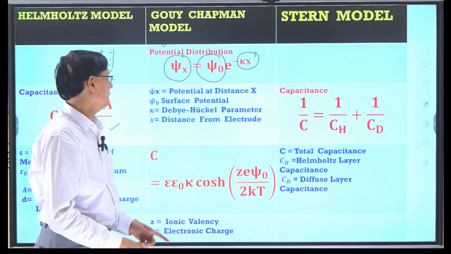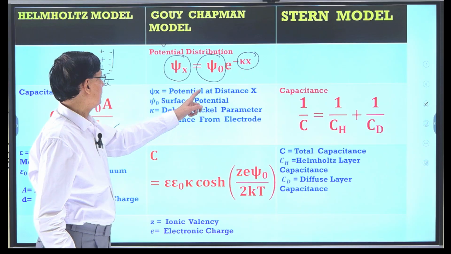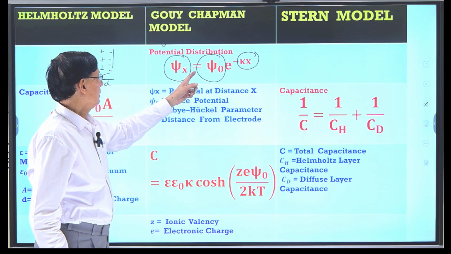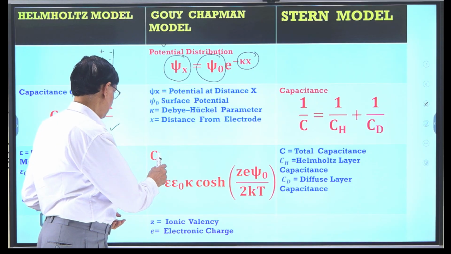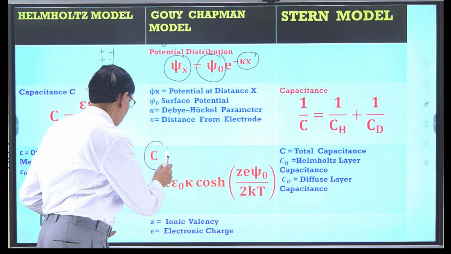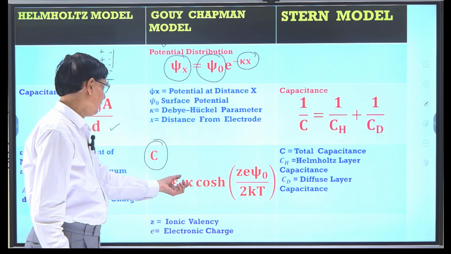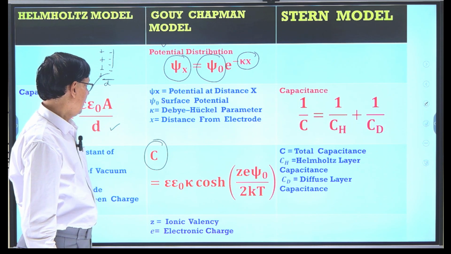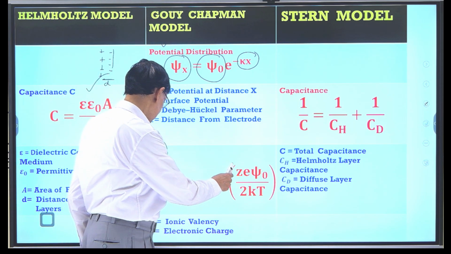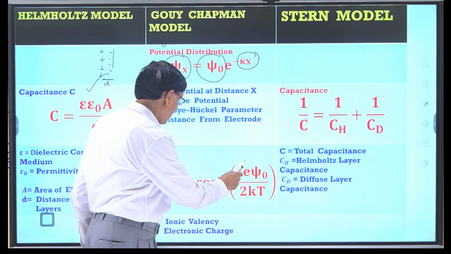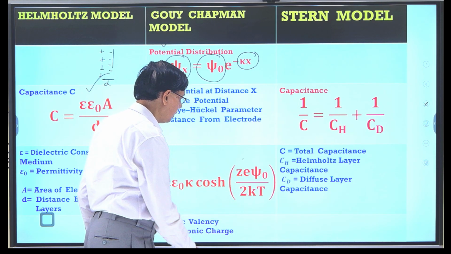So it is distance from the electrode x. But the second, as I know that every time I have to calculate the capacitance. So again, epsilon is the dielectric constant, kappa is also the Debye-Huckel parameter. Z is the valency electronic charge, k is the Boltzmann constant, and T.